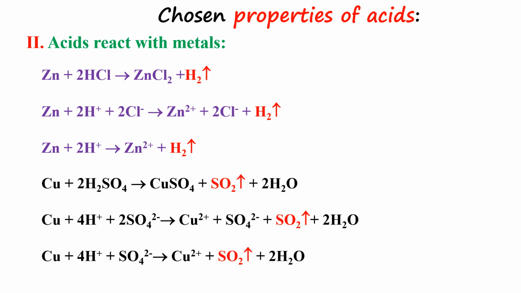If we throw copper into hot concentrated sulfuric acid, the metal will dissolve, but no hydrogen will be released in this reaction. In this reaction, according to the written equations, the gas released will be SO2. Other metal dissolution reactions will be presented in detail in the next lessons of inorganic acids.